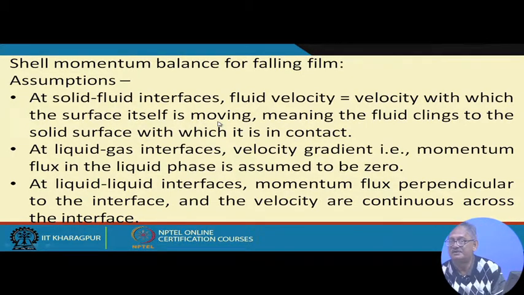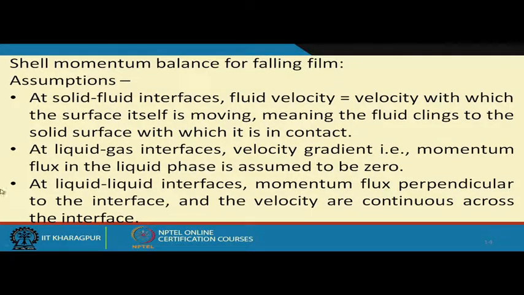We have said earlier that if the surface is fixed, then the fluid is also clinging to the surface of the solid. Since the solid is not moving, the fluid is clinging to the solid, and that is what we have assumed first.